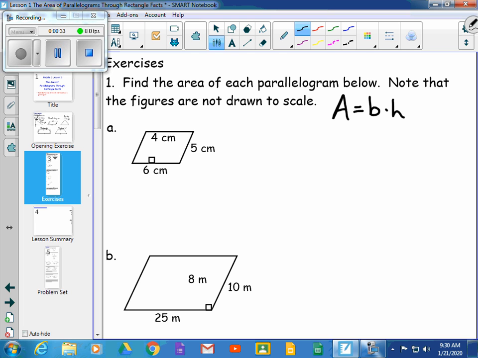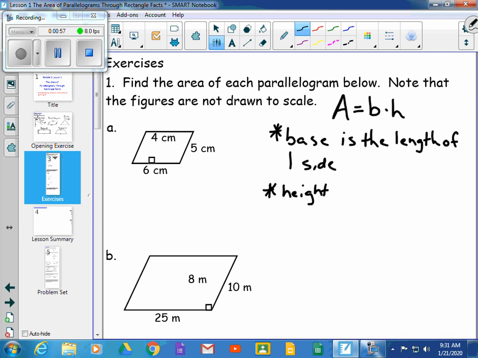Now we have to know what it means to be base and height. We're going to call the base the length of one side. And then the height is going to be the perpendicular distance between opposite bases.